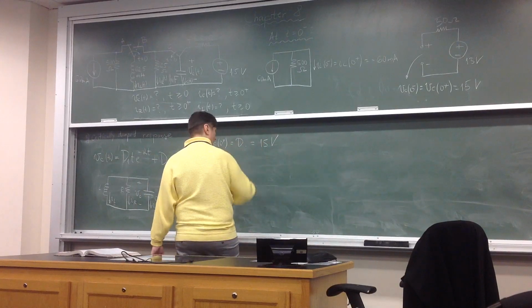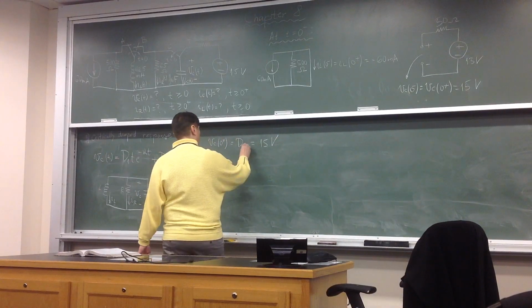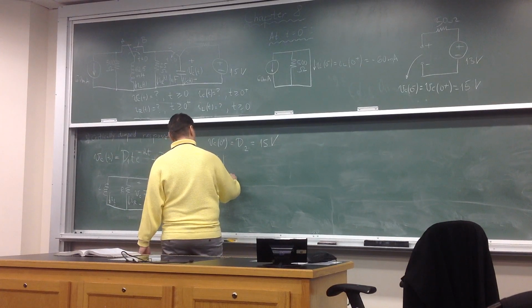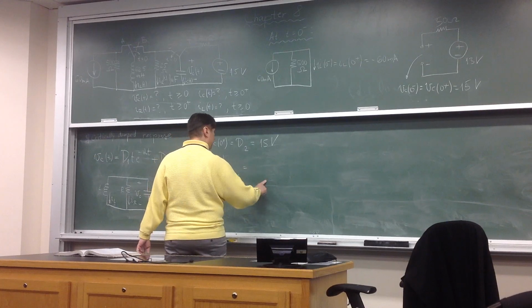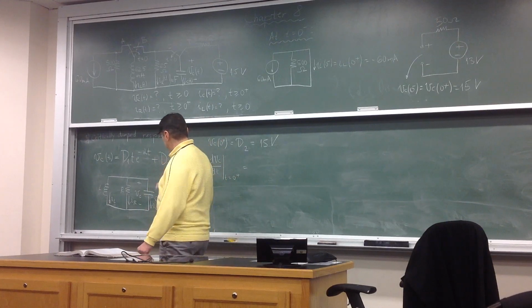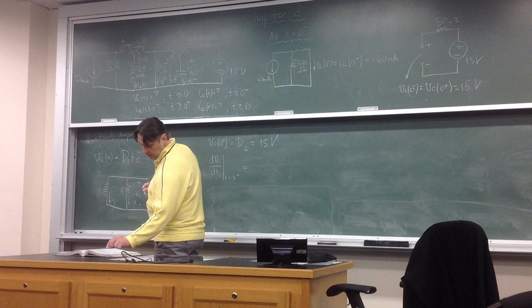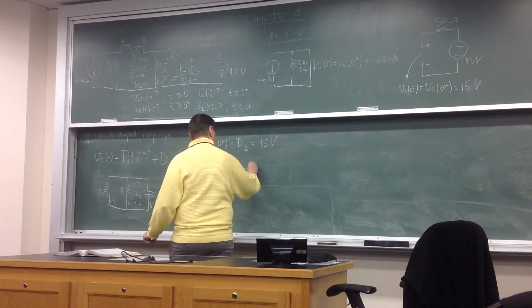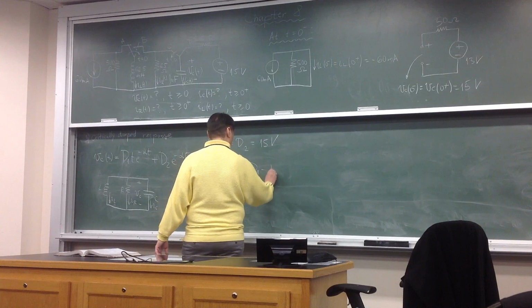Okay? And to calculate D1, you do again dVC over dt at t equal to 0. When you take the first derivative of this, that is equal, you can look it up, to D1 minus alpha D2.